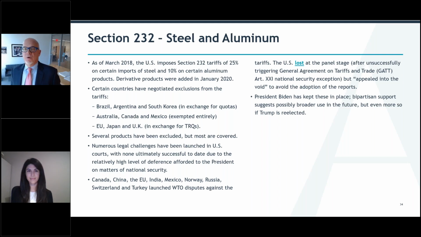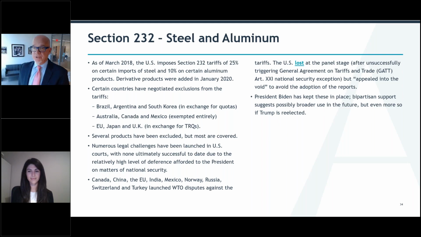Brooke is a co-author of an article on this topic that is worth a read, because this is presumably coming up during discussions at the WTO ministerial happening in a couple weeks, and whether there's going to be a change in how the WTO approaches this question of national security. Is it as broad as the United States thinks it is?